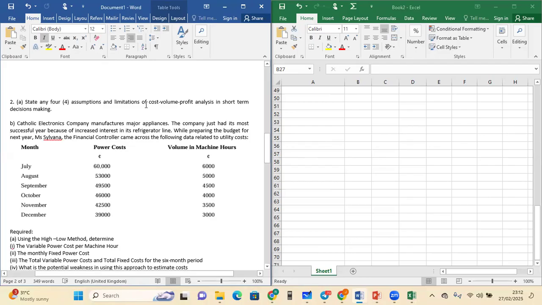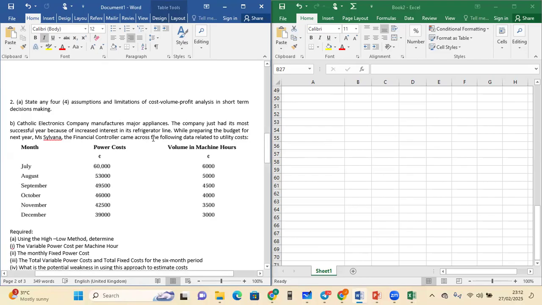Another assumption too is that under cost-volume-profit analysis, selling price remains unchanged regardless of volume or market factors. But the limitation here is that prices always fluctuate, they change anytime.